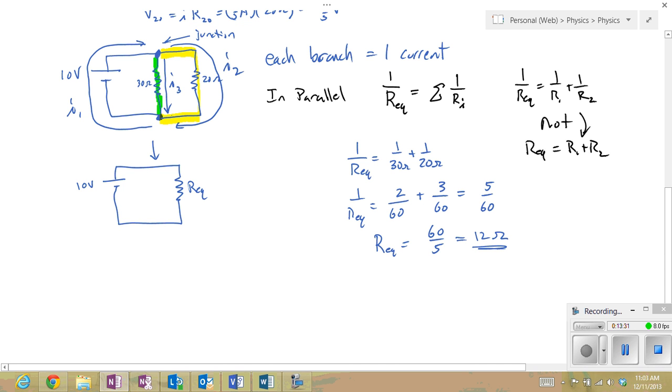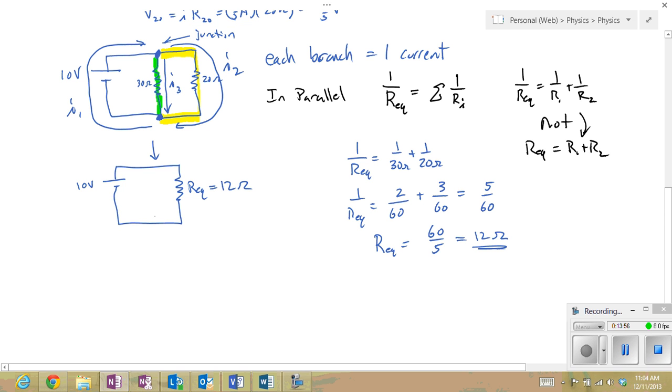We gave it more room to flow, more available passage to flow. So we actually decreased the resistance here by opening up an alternative channel. This is true in parallel. You should always get a result that is smaller than the resistance of the individual resistors you placed in the combination. In series, you should always get a resistance that's higher. So that means that this is the same as a 12 ohm resistor.